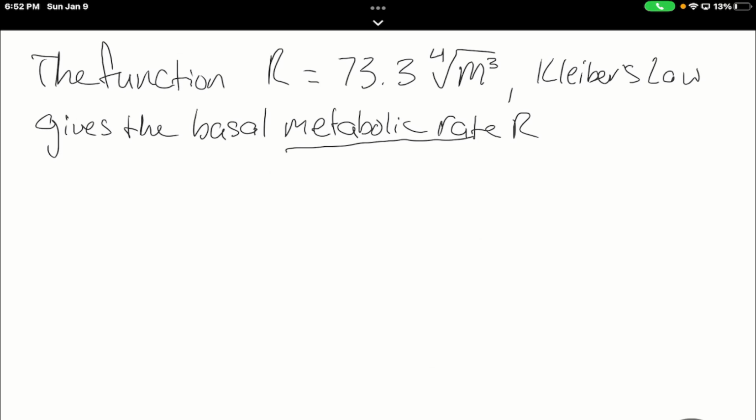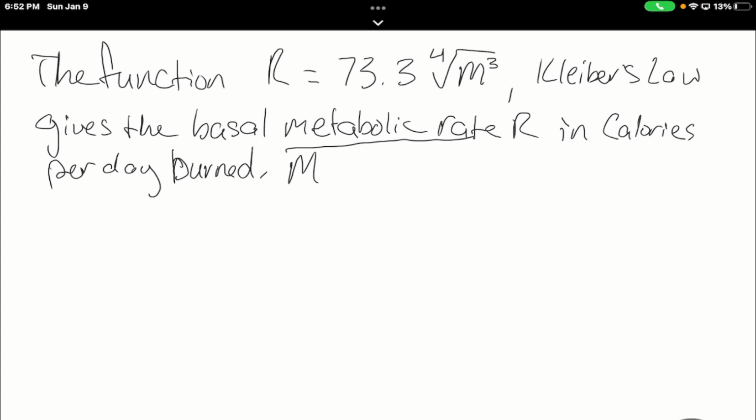Okay, that's a key aspect of this, in calories per day burned. M, capital M, is the mass of a mammal in kilograms.